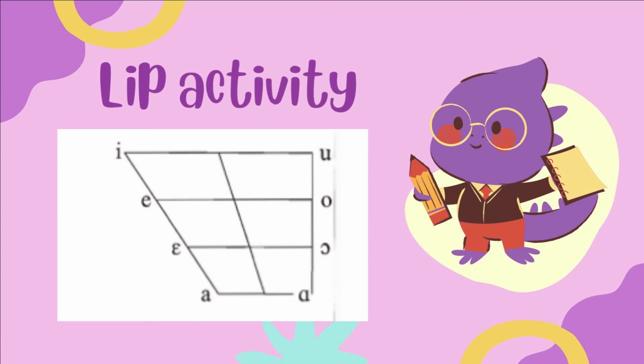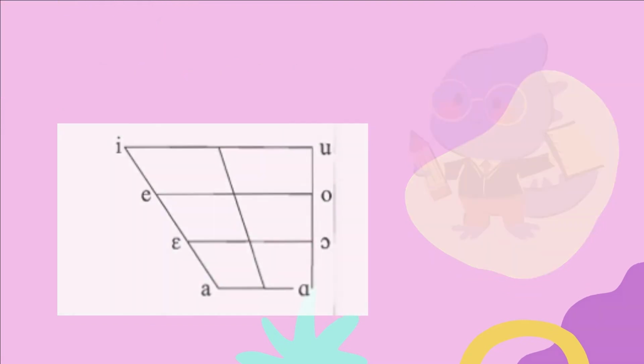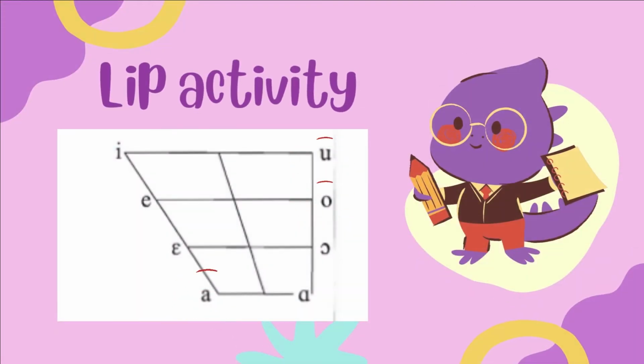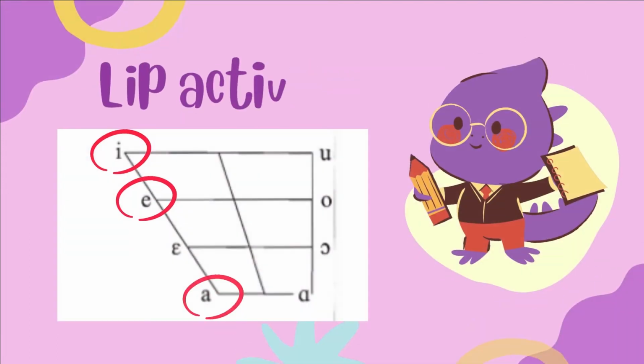So far, lip activity has been largely ignored. In the back series of cardinal vowels, A, O, U, lip rounding progressively increases from none on A to close rounding on U, but by convention unrounded vowels are placed to the left of the front or back line of the quadrilateral, and rounded vowels to the right.